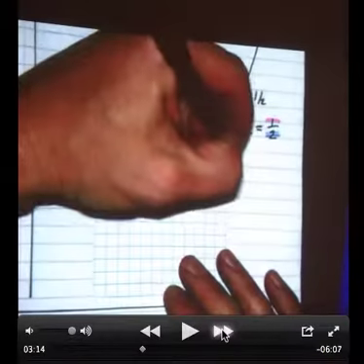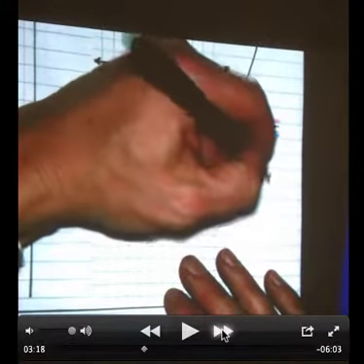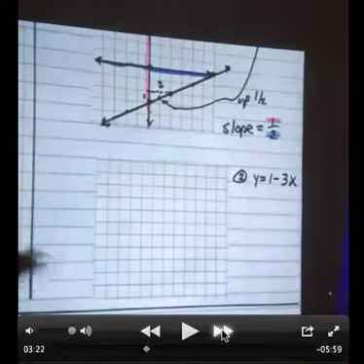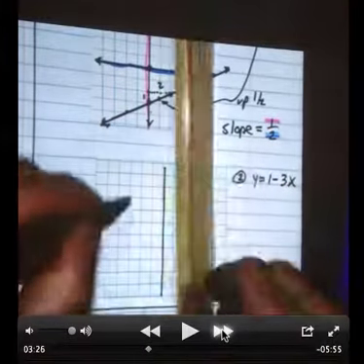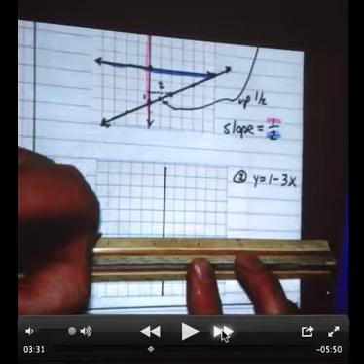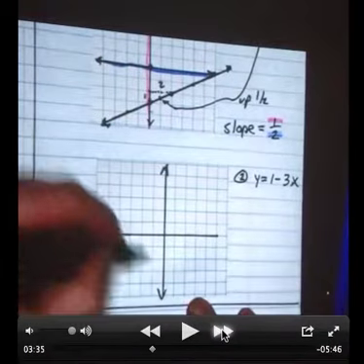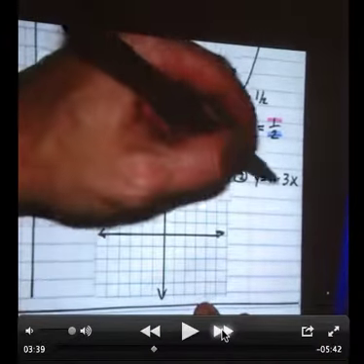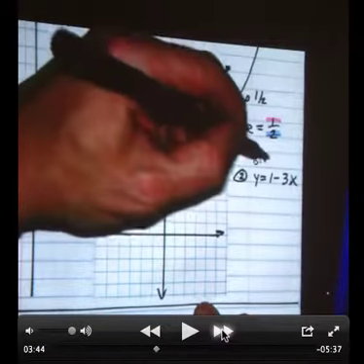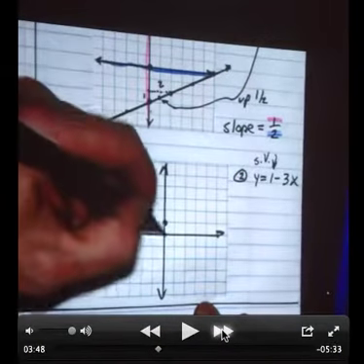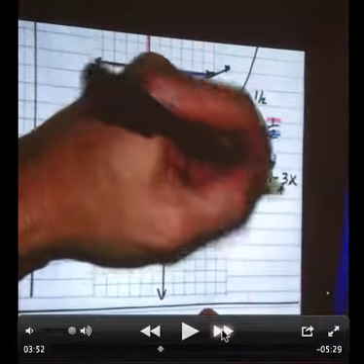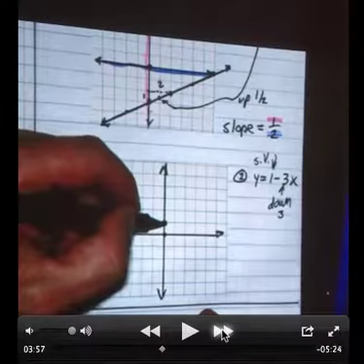Okay, let's try number 2. y equals 1 minus 3x. Notice how the start value seems to be out of order. The 1 comes first, and that's because sometimes that's the way it's written, but it's still the start value. Whatever is multiplied by the x is the operation, or the slope.